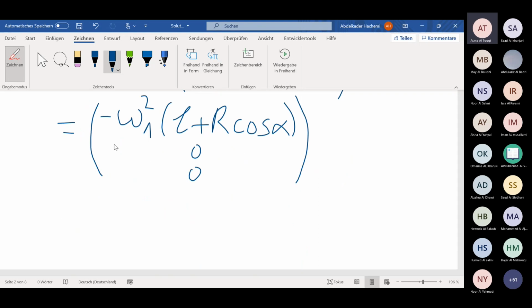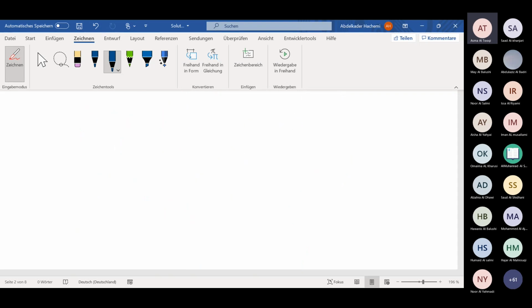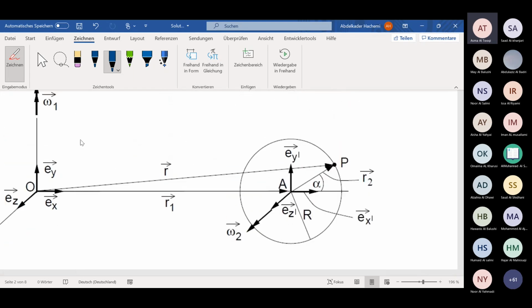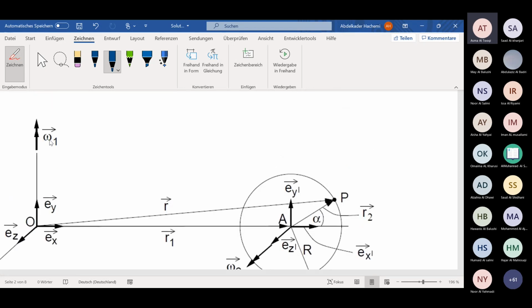Okay, now if I return, for example, to the picture, then we have here omega 1, it's in the direction, as we noted, let's say in mechanics 1, the moment with this double row.